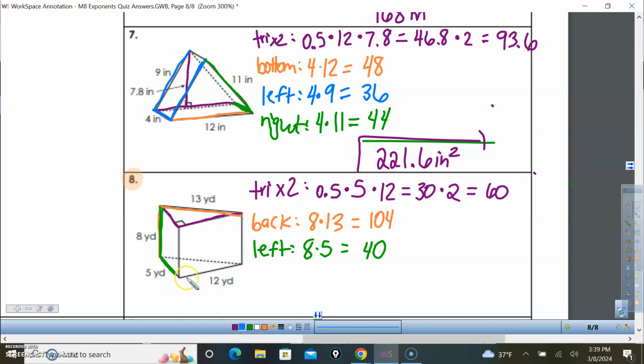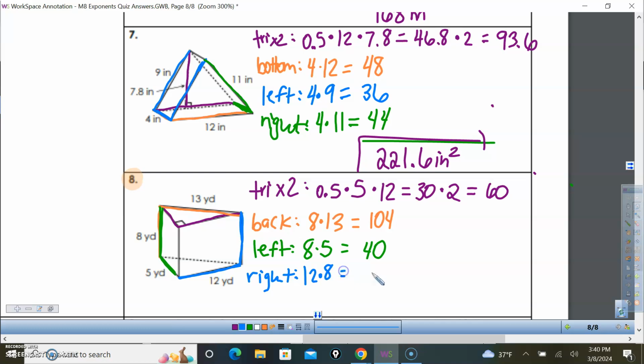And then this last piece here, I'm going to call this on the right side because to me it's kind of opposite of that last. It's the opposite of the left side almost, kind of, sort of. And I can easily tell that this one is 12 yards wide times 8 yards tall.